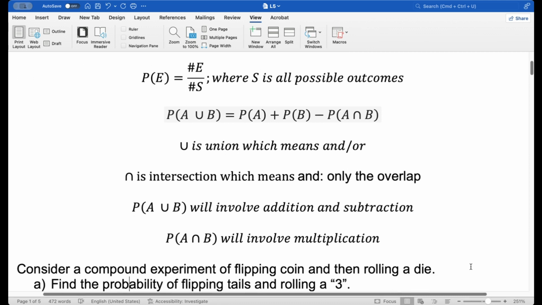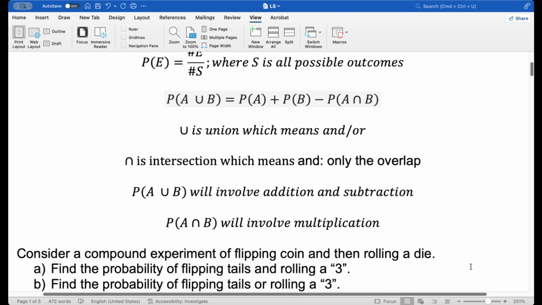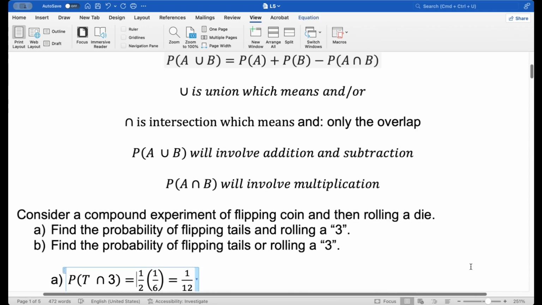Consider a compound experiment, two parts. You're flipping a coin first and then rolling a single die. Find the probability of flipping tails and rolling a 3. And then we'll look at the probability of flipping tails or rolling a 3, the union here.